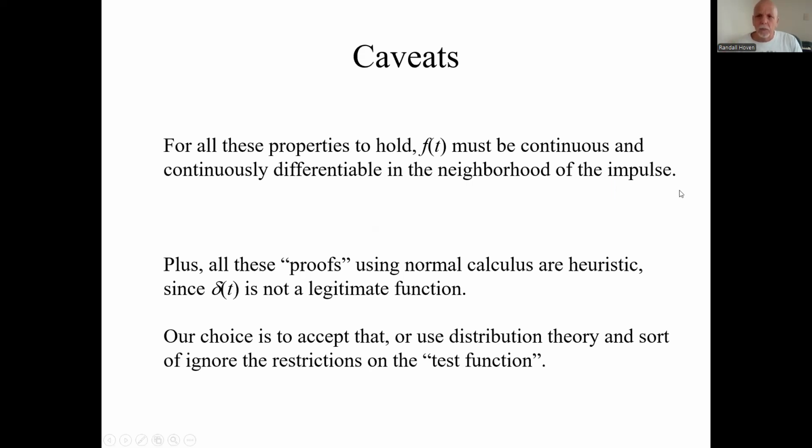Beyond that, I don't think, with these proofs anyway, you're really putting a lot of restrictions on that function. Our choices are accept that this kind of works, even though delta t isn't a legitimate function, or use distribution theory and kind of ignore the restrictions on the so-called test function.